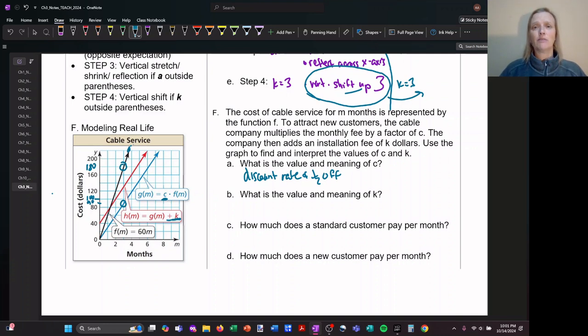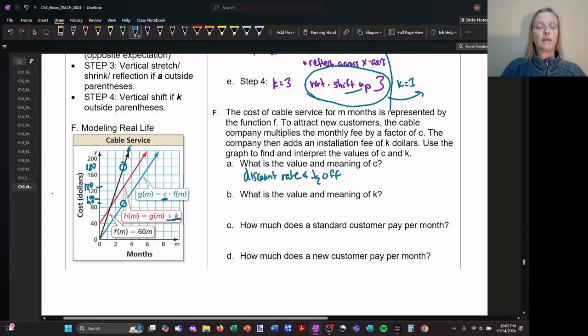What's the value and meaning of k? Well, this often happens. Companies let you save money in one area and then tack on an extra fee in another area. So because they're making less money because they're giving you a 50% discount, they do charge an installation fee. So instead of actually costing $90 after 3 months, we're actually up to here, this value instead, which isn't as high as 140, it's only 130.